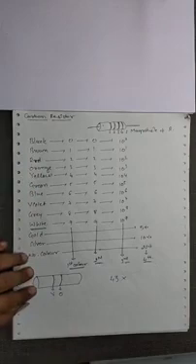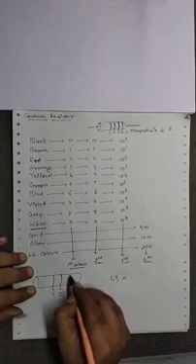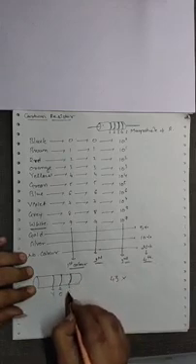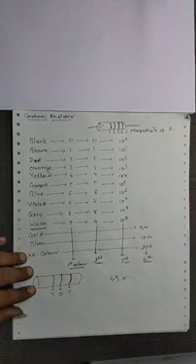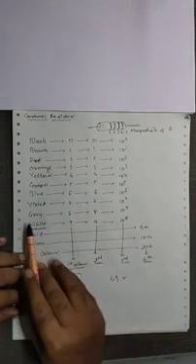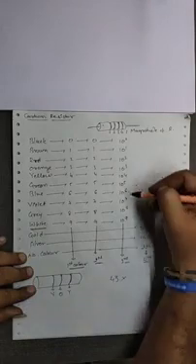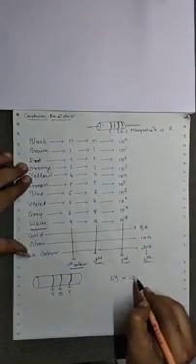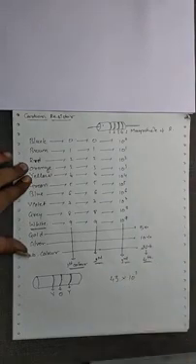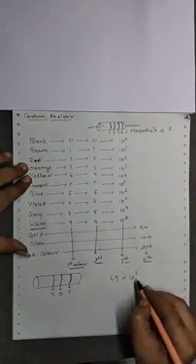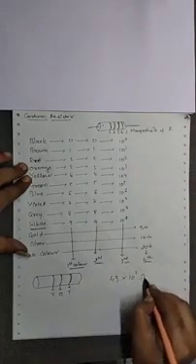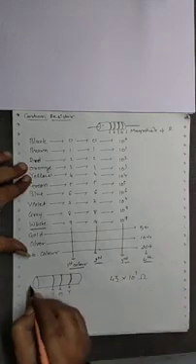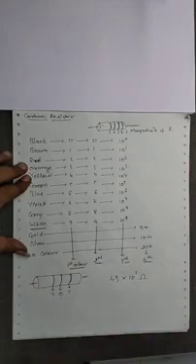Suppose it is again yellow, then in the third line, where is yellow? 10⁻3. Okay, so this is the magnitude of this given carbon resistor.